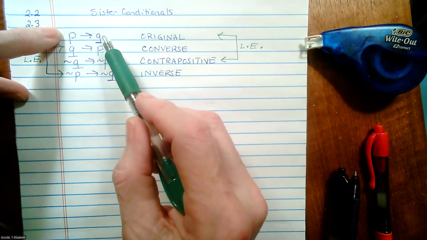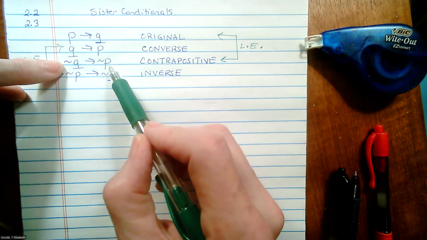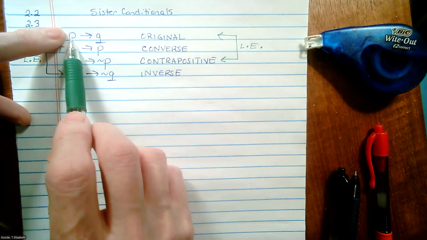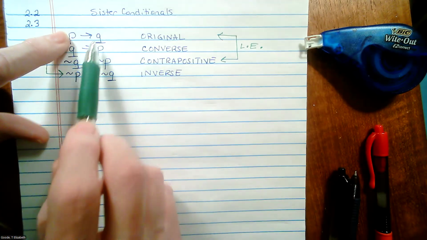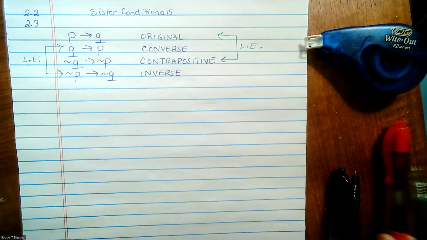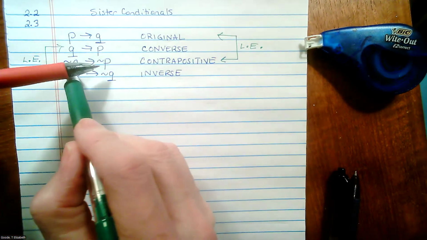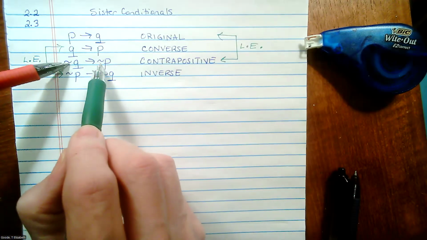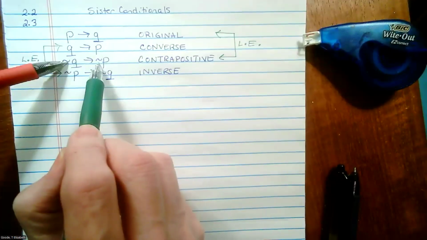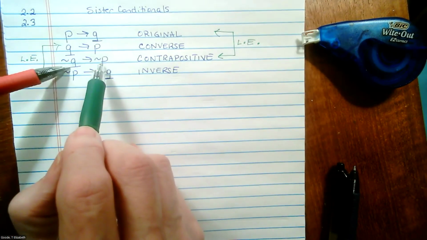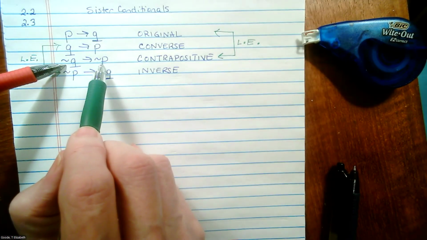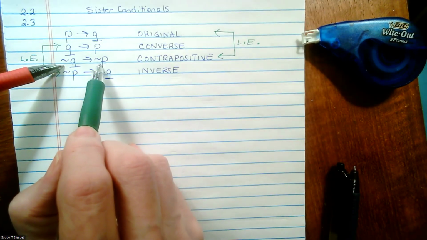Look at how we get from the original to the contrapositive. Look at the process. The P and the Q switch places. See that? Not only do they switch places, they both get negated in the contrapositive. So to get from the original to the contrapositive, we change everything we possibly could change.